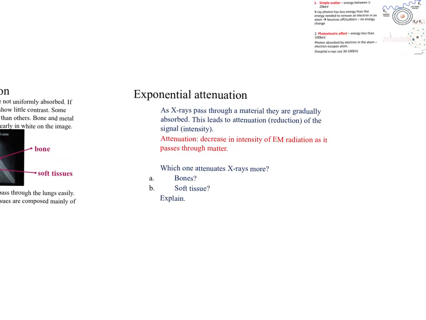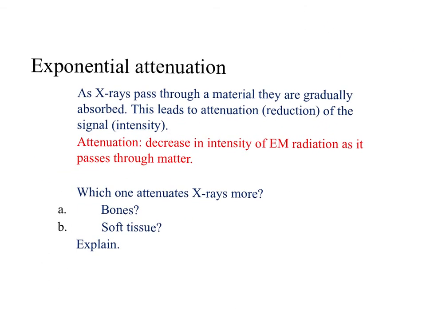So what do we mean by attenuation? Firstly, before I proceed, attenuation is simply the decrease in the intensity of the electromagnetic radiation as it passes through matter. We will see how that equation works as well. We will also see the different attenuation mechanisms. To restate, as X-rays pass through a material, they are gradually absorbed, which leads to the reduction of the intensity of the signal.